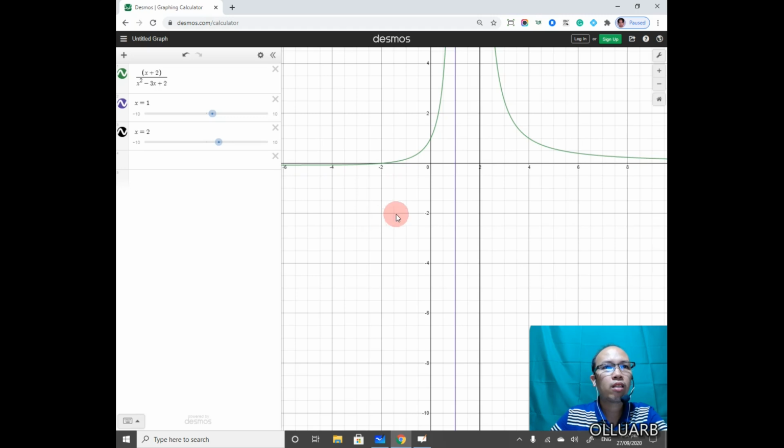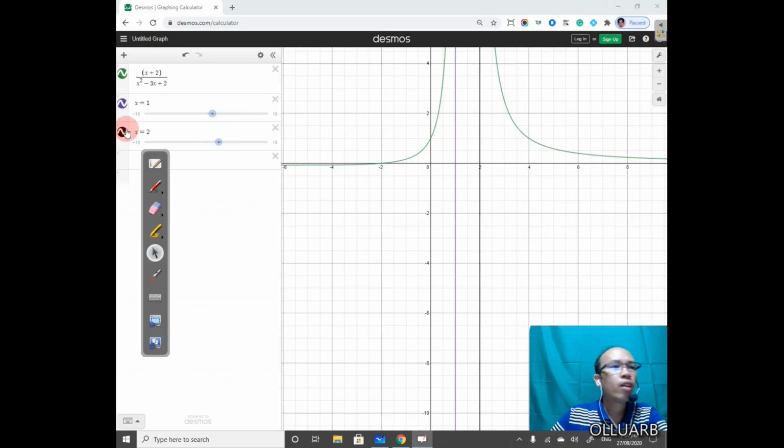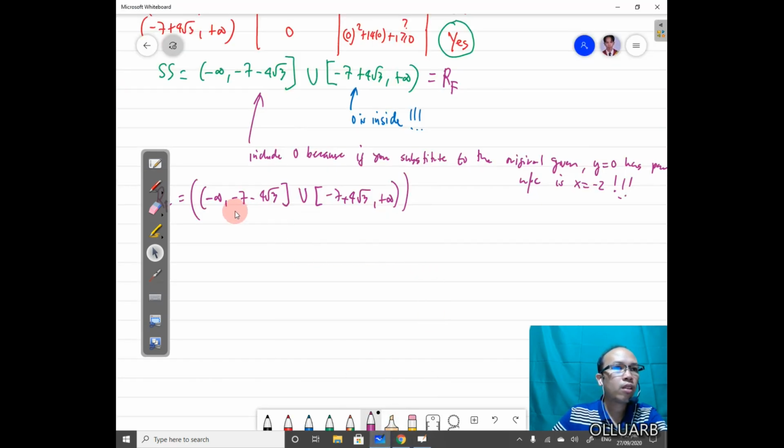As you can see here, the range will start from -7 minus, let me see again, -7 plus 4 square root of 3. What is this? Am I wrong again?